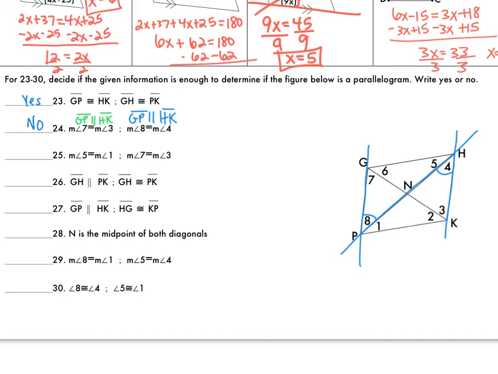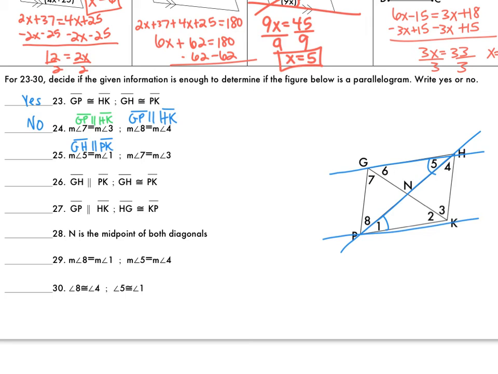All right, number 25, if you know that the measure of angle 5 and 1 are congruent, or equal. Okay, so here and here. Again, I'm going to look at the transversal. So the transversal here would be there. And then what other lines help form the angles would be GH and PK. So since alternate interior angles are congruent, I know that that fact tells me that GH is parallel to PK.